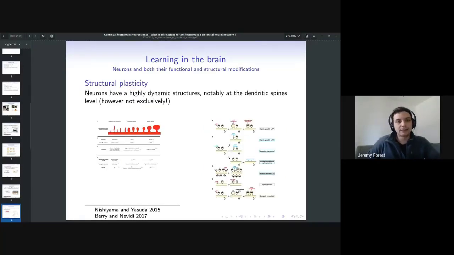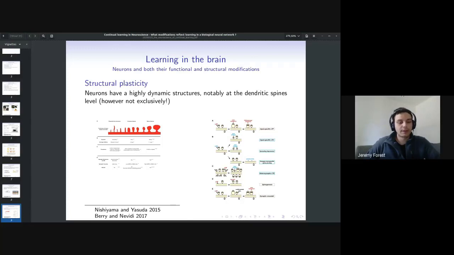Another level of analysis is the neurons themselves, and both the functional and the structural modifications. As has been mentioned before, the neurons are highly plastic, and they have a lot of structural plasticity. They are highly dynamic structures, notably at the level of the dendritic spines, which is not the only level they are plastic at.